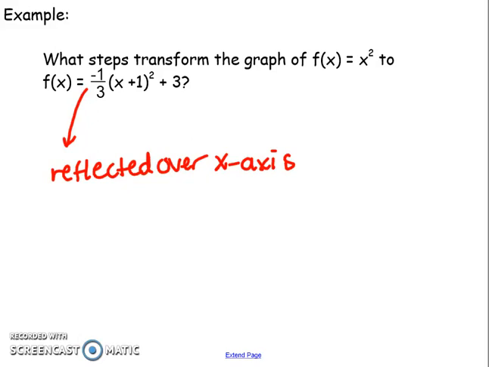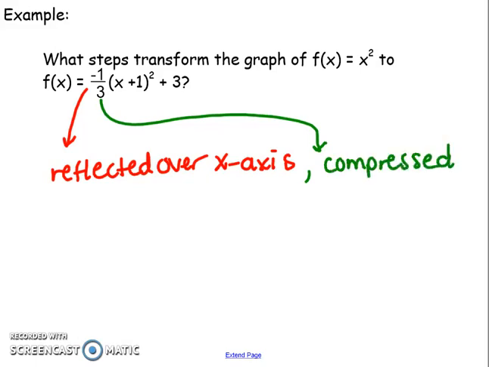Okay. The 1/3 means that it's going to be compressed. It's vertically compressed by a factor of 1/3, because it's a number that's between 0 and 1.